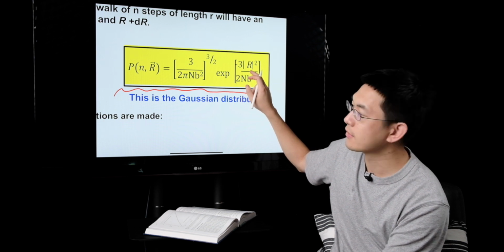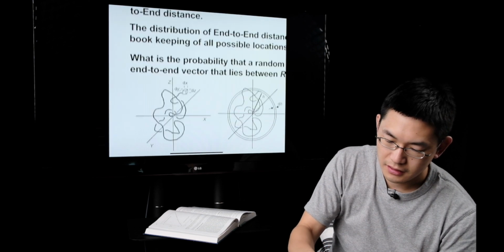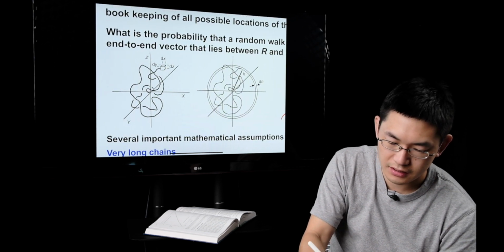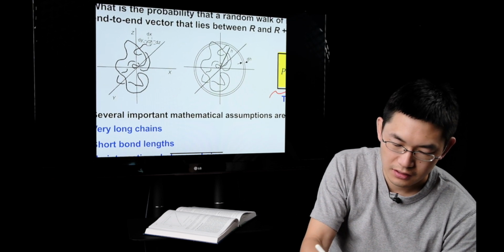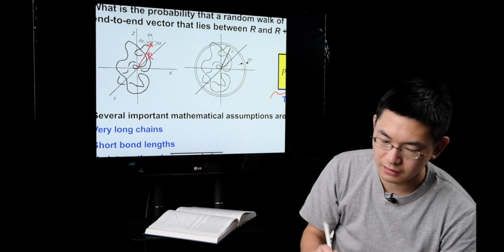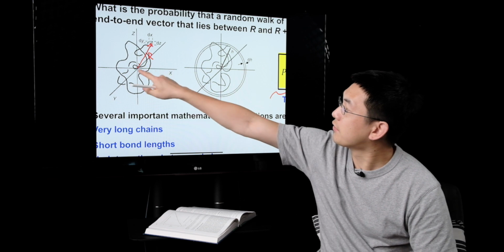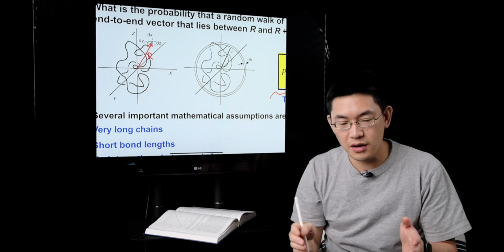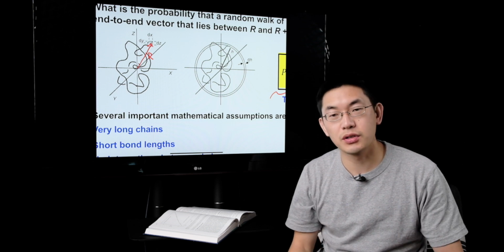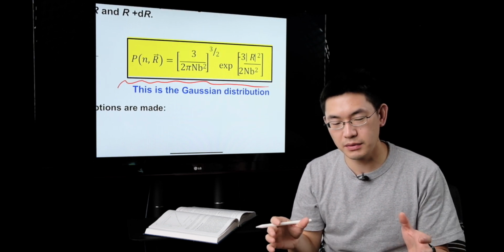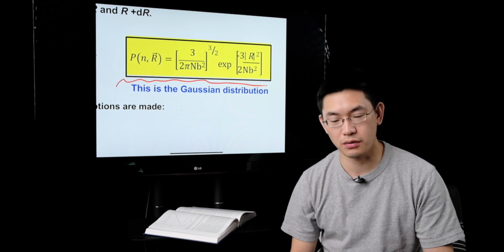If we go here, r is defined as the distance from your zero position to here. Okay, this would be defined as r. So if r is smaller, based on this equation, you will see a higher probability.